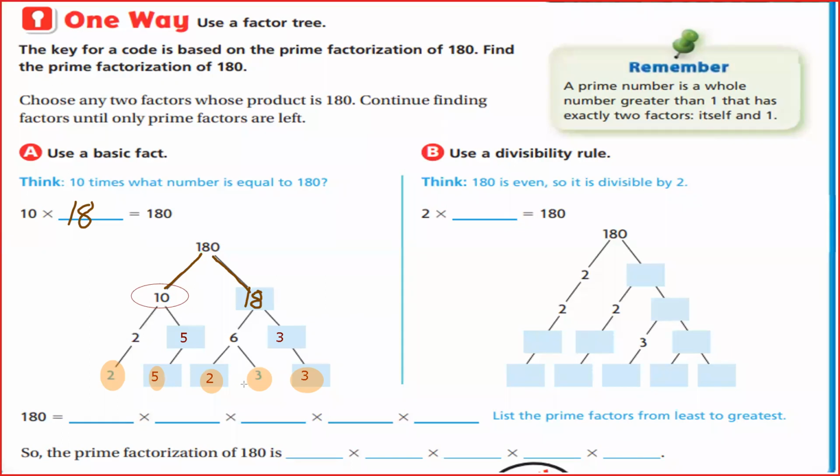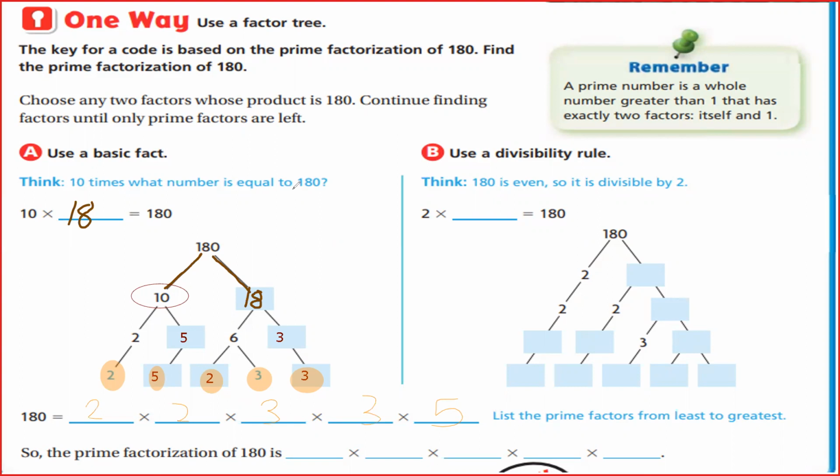So let's try them here: 2 times 2 times 3 times 3 times 5. Multiply the 2s, and multiply the 3s, and so on. Now, one of the other ways, some of you forget the factors of 180. Look at the first digit of 180.